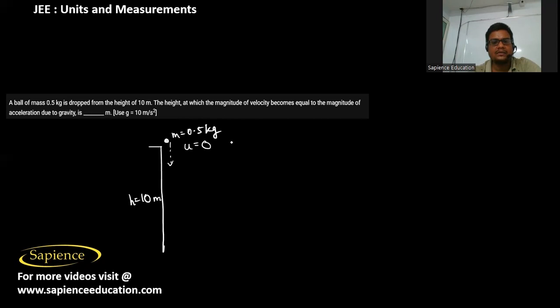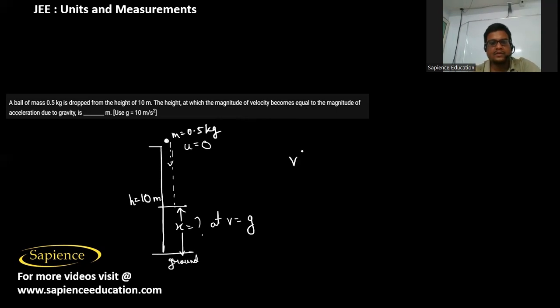We need the height at which the magnitude of velocity becomes equal to the magnitude of acceleration due to gravity. Let's say that height is x from the ground. So we have to find the value of x at which the velocity is equal to g.